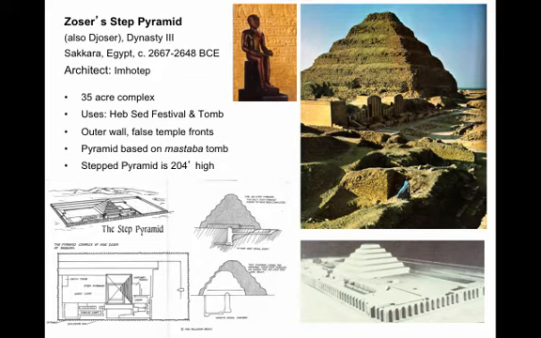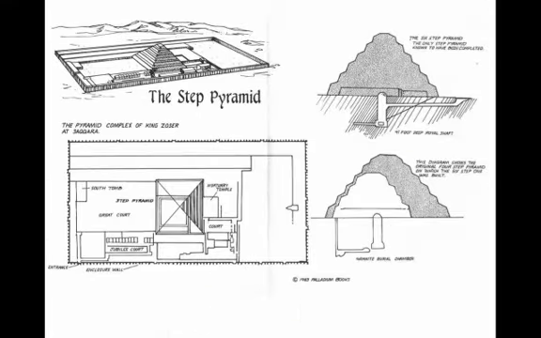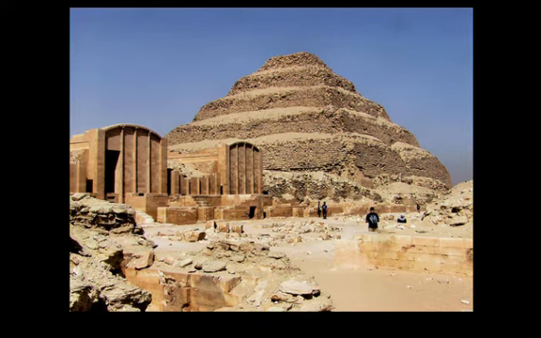The step pyramid is 204 feet high, so think roughly a 23-story building, if it's an apartment building with 8 foot 6 floors with the slabs. Now, the outer wall of the complex has fake temple fronts, and they alternate temple fronts from Upper Egypt and Lower Egypt.